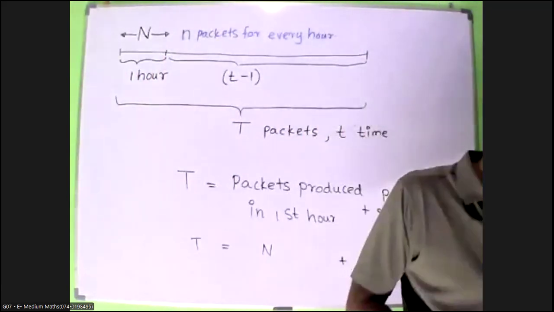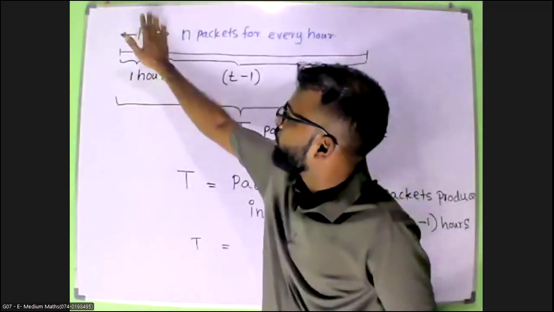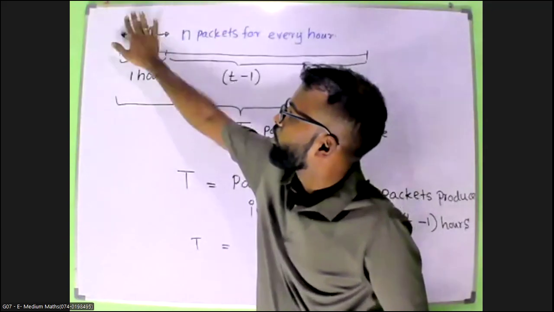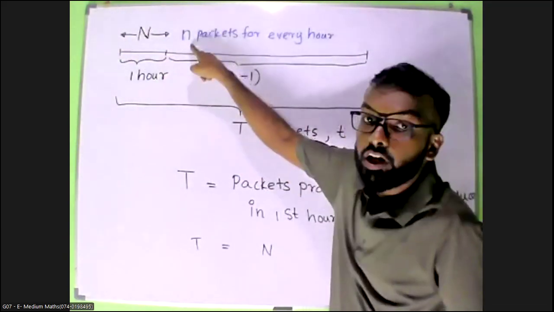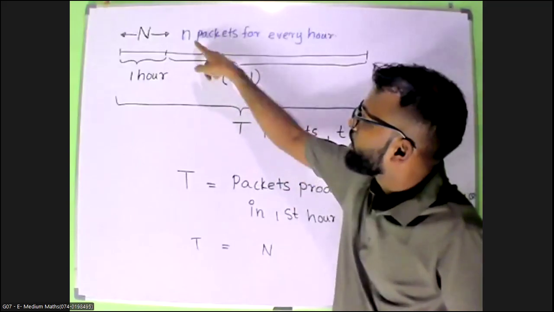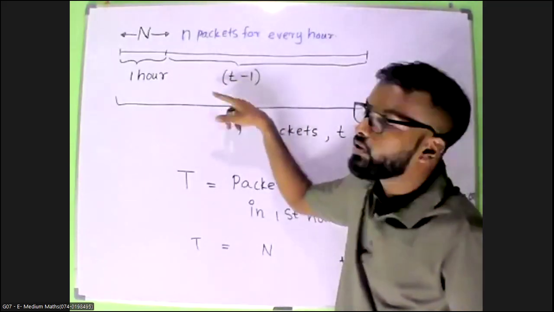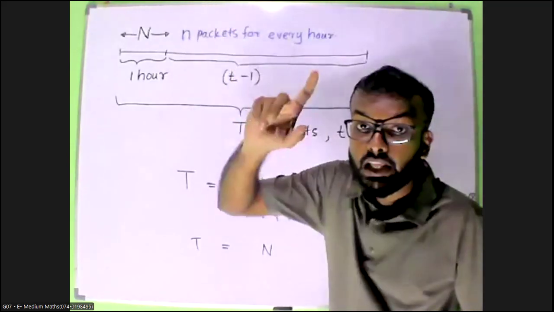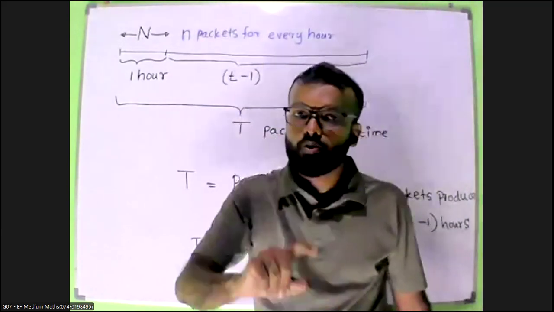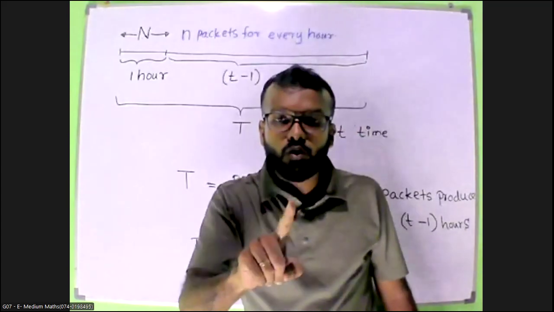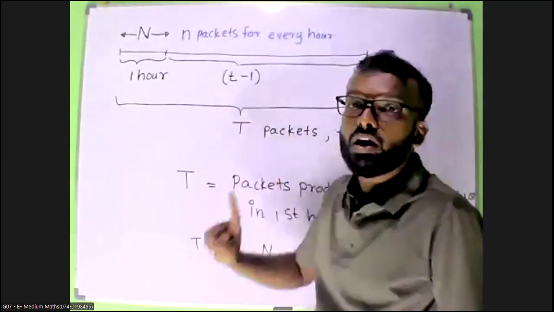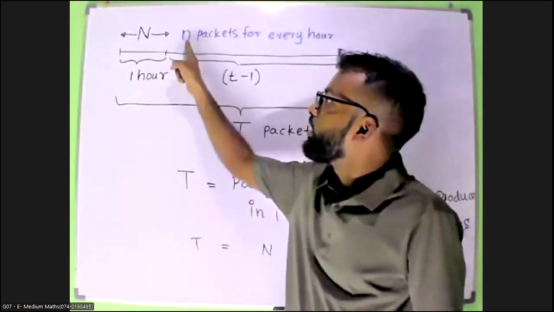Now try to forget this one. Now T minus 1 hours remaining, in each and every hour thereafter. In this T minus 1 hours, for each and every hour they are producing N packets. So how do you find the total packets produced in the T minus 1 hours?